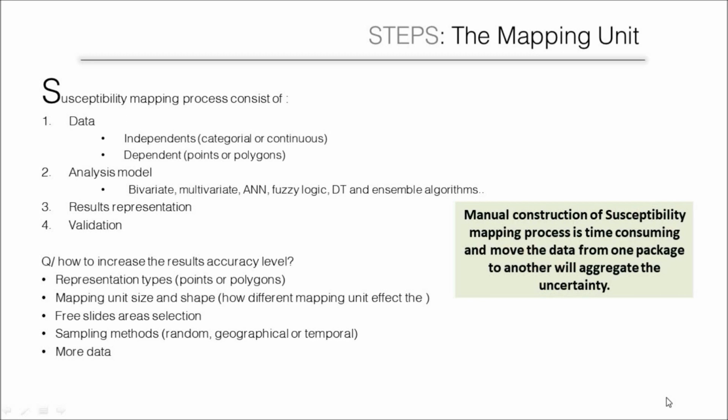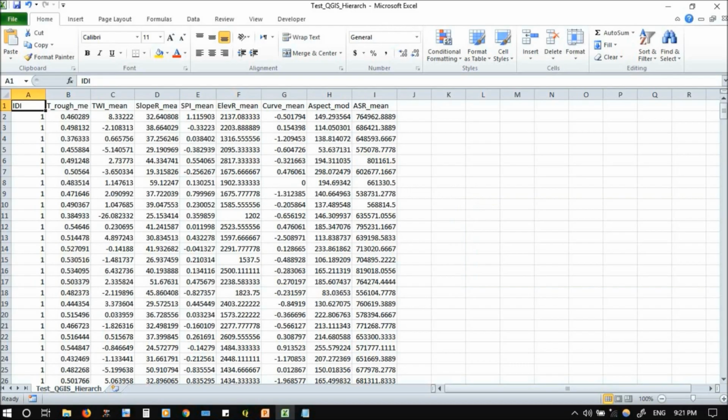So in the current course we will try to focus on developing the training data within the same interface, within the same software, the same package, using the developed tool. So at the end of this course you will have data that will look like this table.